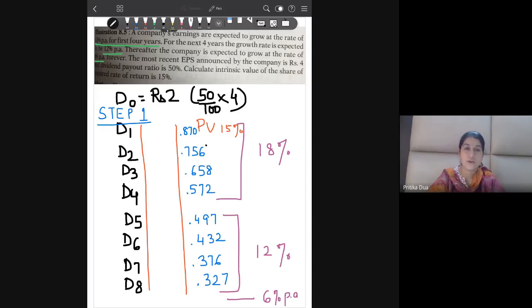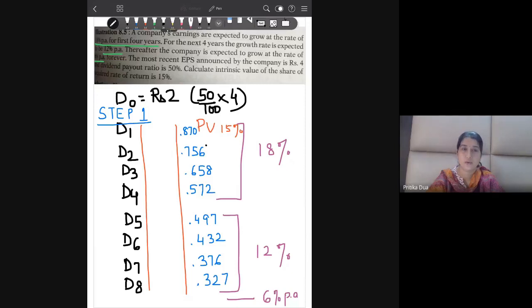So for step 1, yes Kabir, the present value of the dividends is 16.8 approximately. Now, the second step is that you calculate the value of the share at the end of last year of varying growth.